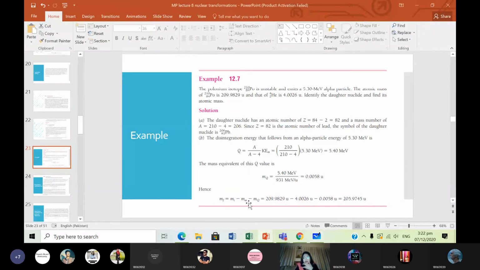When you plug in all the values, MI is the mass equivalent for 210. How did we get this number? This is the mass equivalent for 210, and this is the mass equivalent of the alpha particle.